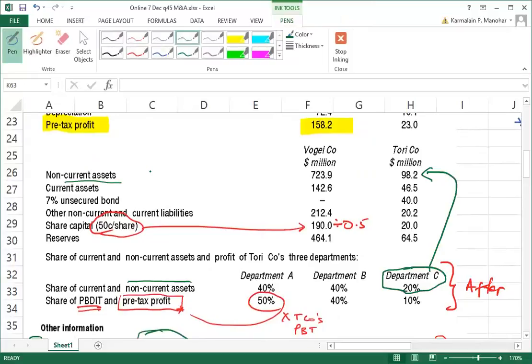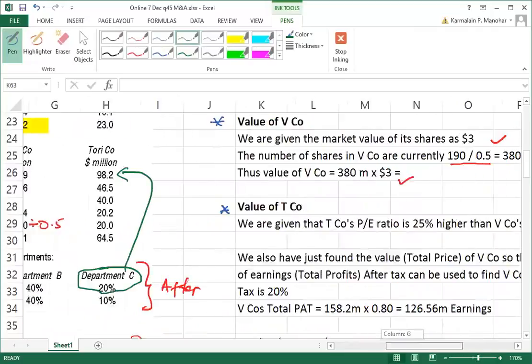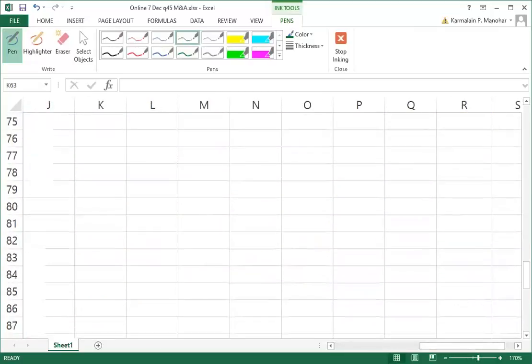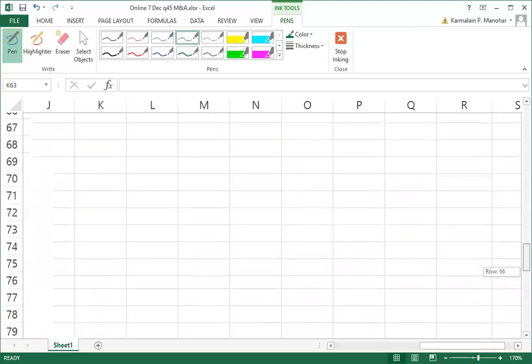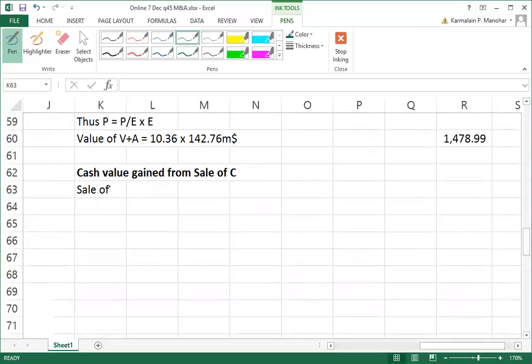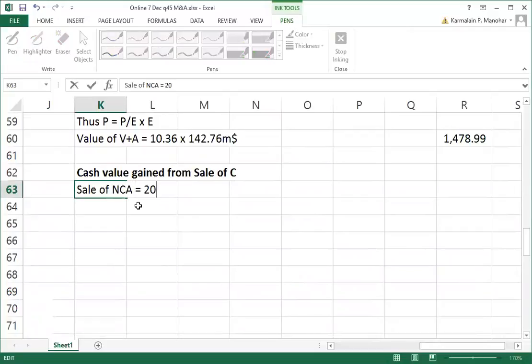So NCA 20%. That's also the share of the current assets. We'll deal with that after. So one by one, lining them up. For sale of NCA equals 20% times, hold on, what's that? 98% that Stacy is throwing at me there.